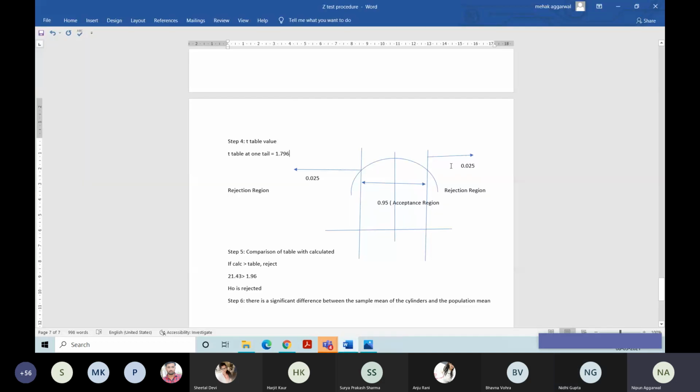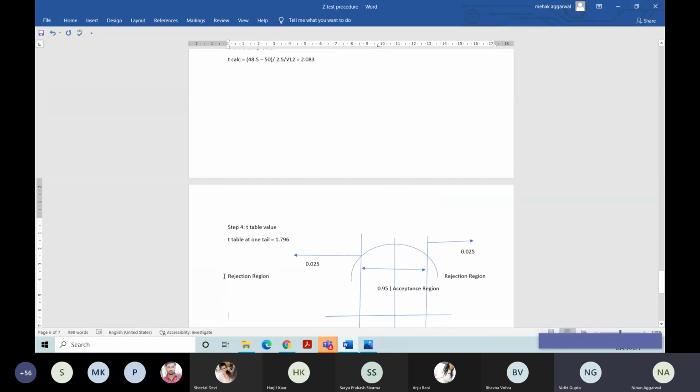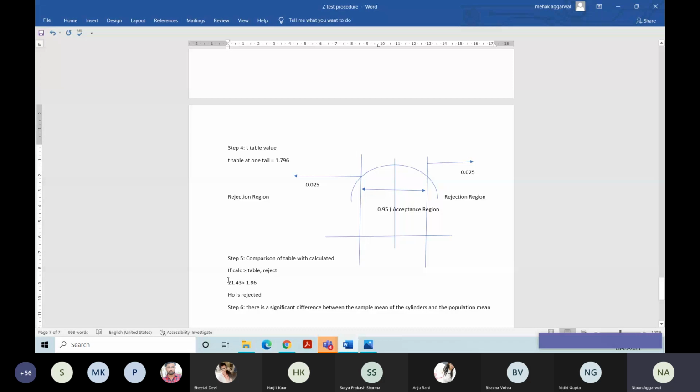Fine. So now there is no role of this diagram. Now it is like comparison. If calculated is greater than table, reject or accept. Here our calculated is 2.083. The calculated value will not come in negative.